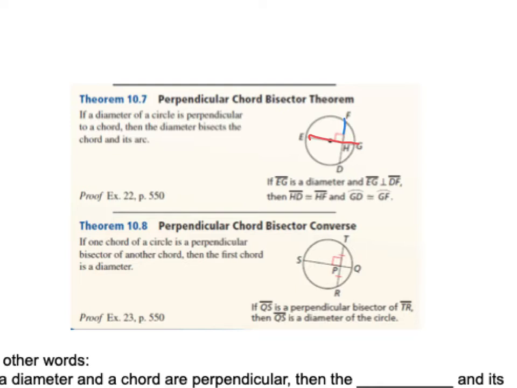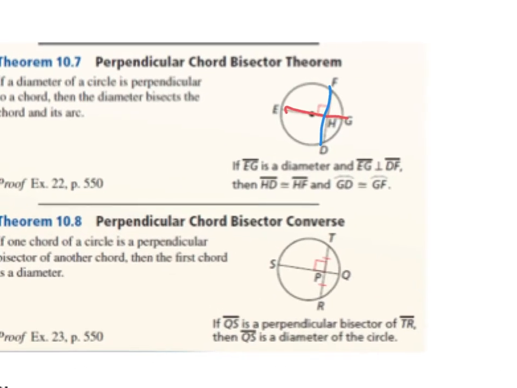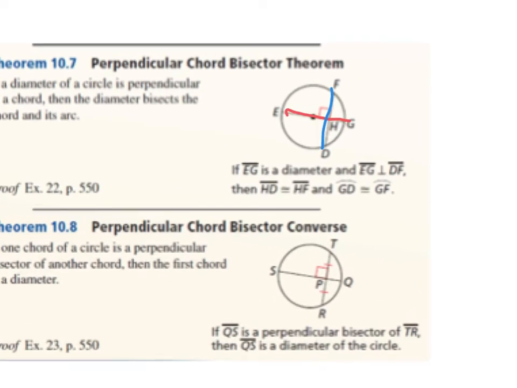If they are perpendicular to each other, then the diameter bisects the chord and its arc. So that means this part and this part would be congruent to each other, and then the arcs they intersect would also be congruent to each other.